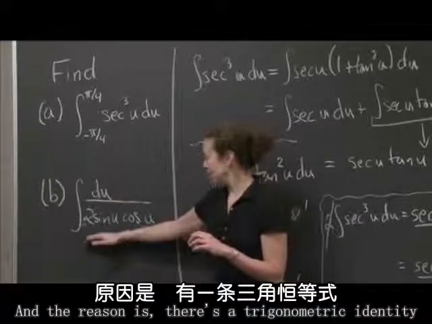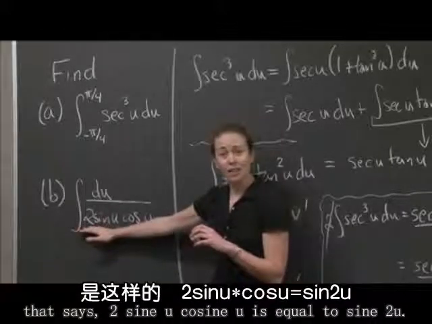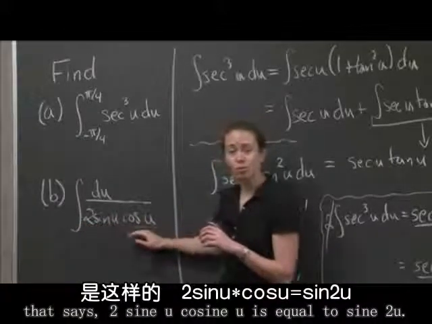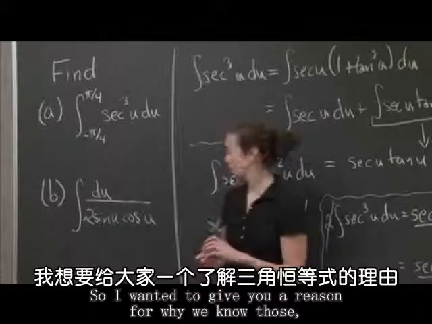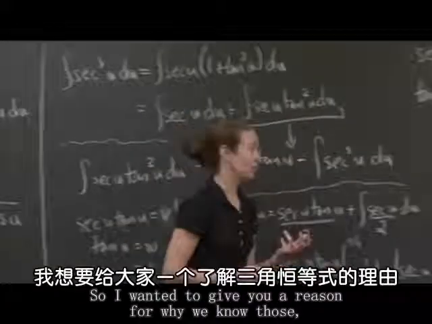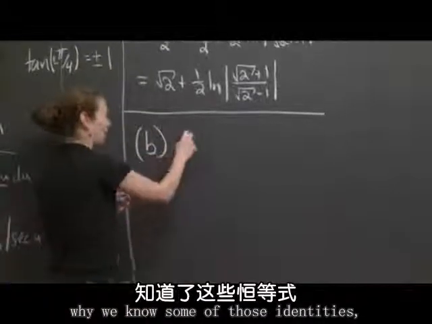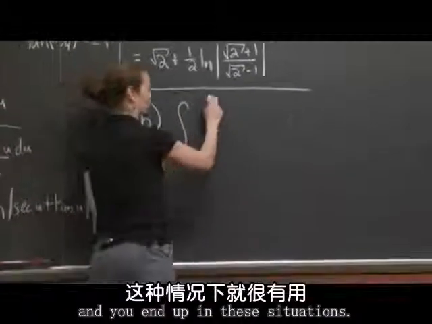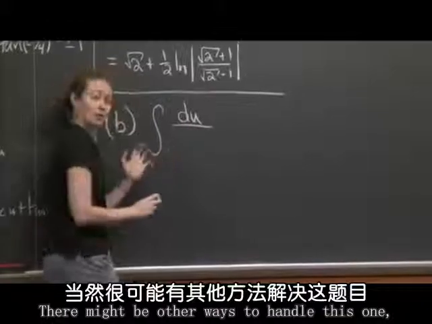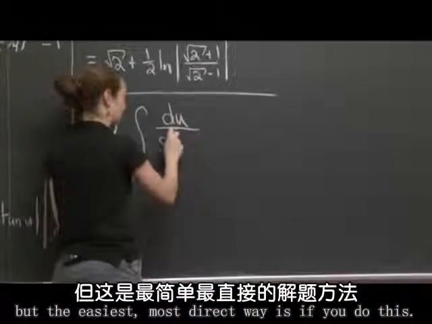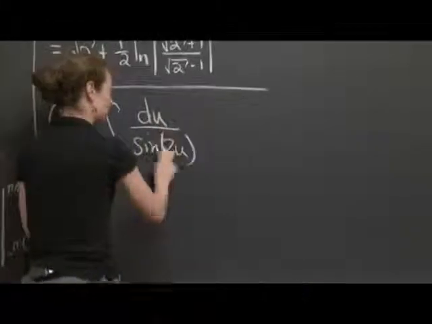And the reason is there's a trigonometric identity that says 2 sine u cosine u is equal to sine 2u. So I wanted to give you a reason for why we know some of those identities, and you end up in these situations. There might be other ways to handle this one, but the easiest, most direct way is if you do this.